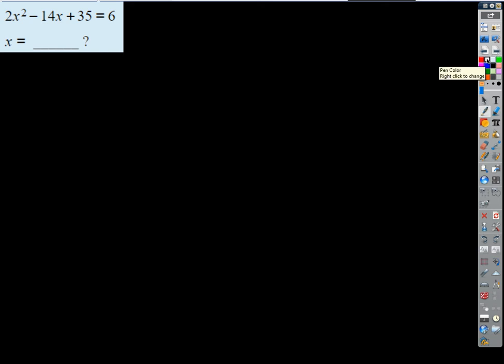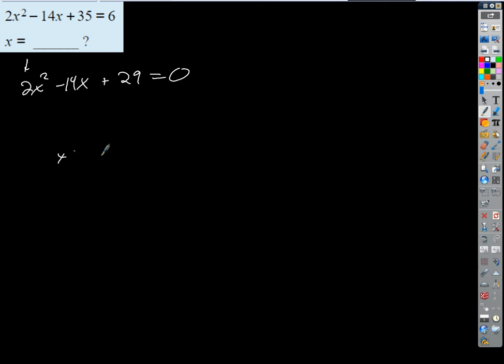I guess this would probably be a good one to look at. So if we subtract 6, 2x squared minus 14x plus 29, what are we going to do? Quadratic formula. You bet, because we can't divide by 2. We're stuck with that 2 out front, so we would just go quadratic formula.